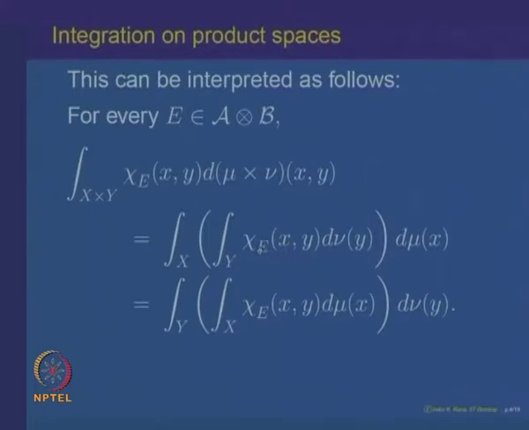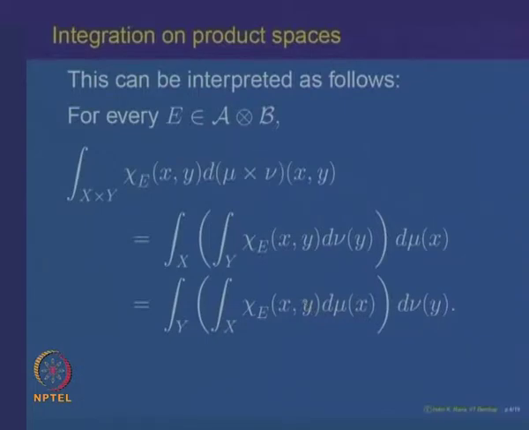So, when you take the integration with respect to y, that means you are fixing x. So, you are looking at the section of E at x. So, nu of E_x is nothing but the integral over Y of the indicator function of E with respect to the variable y, and similarly the other variable.